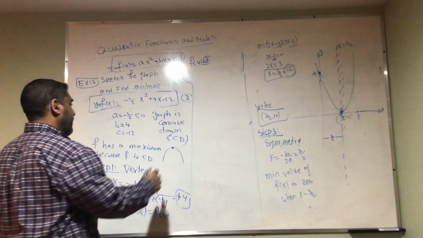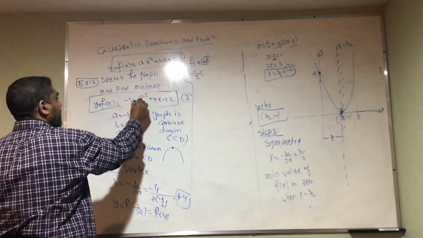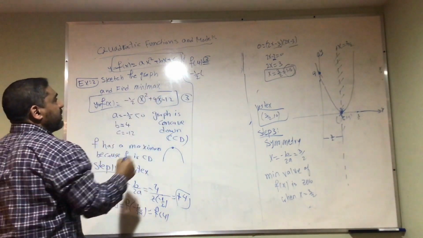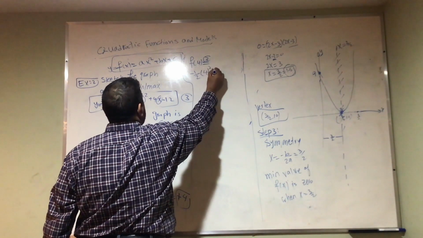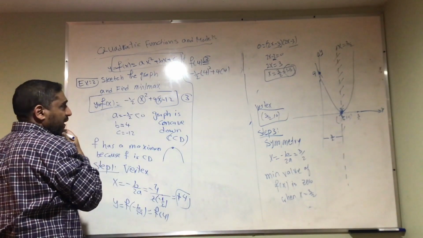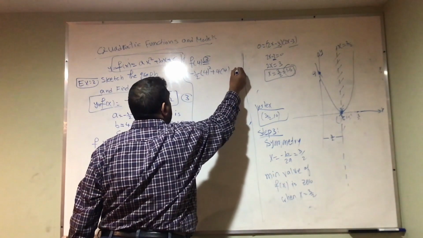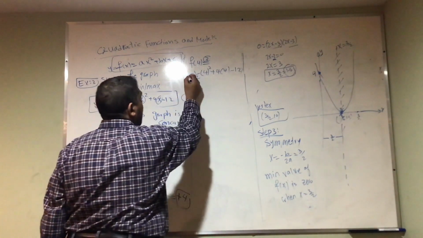So what I have here, guys, you have negative 1 over 2, and then I replace x by 4. So you have 4 squared, right? Plus 4 multiplied by 4. And minus 12, right? I replace x only by 4. Simplify this one here, guys.